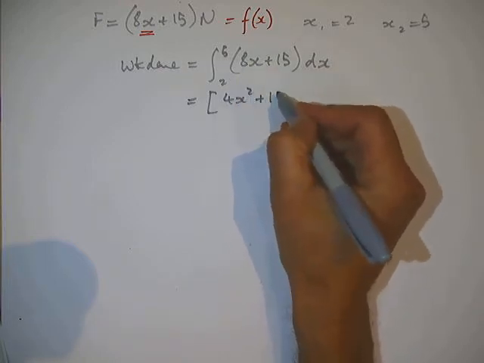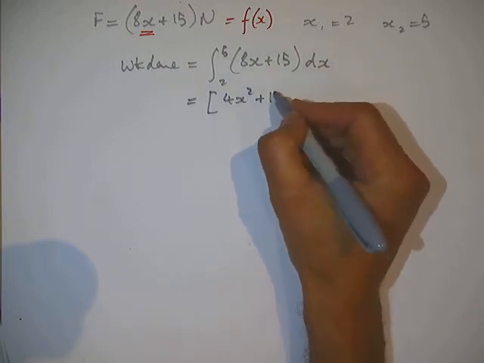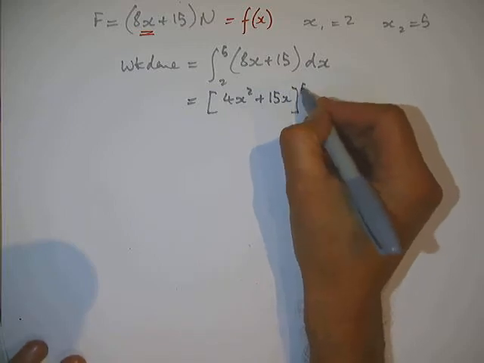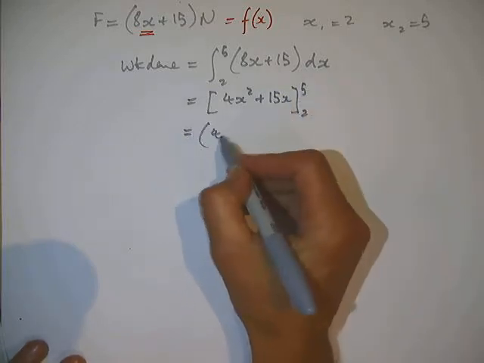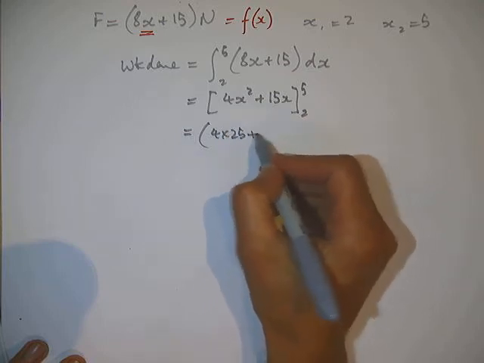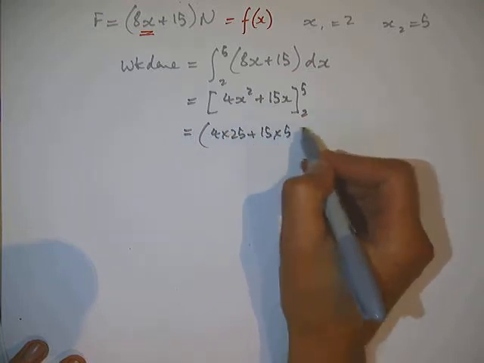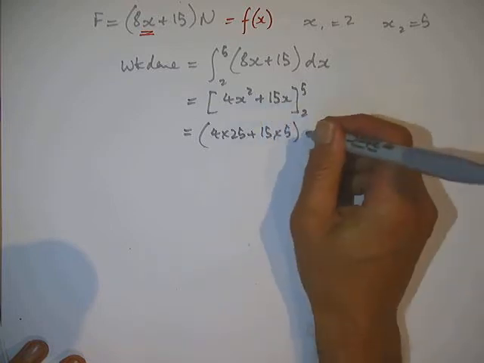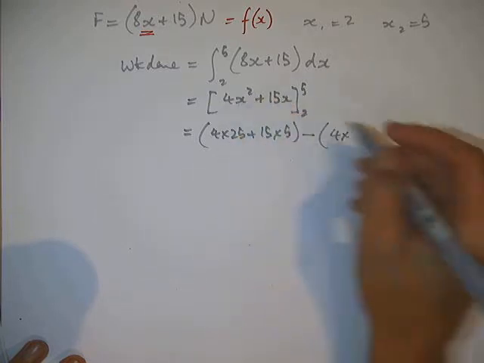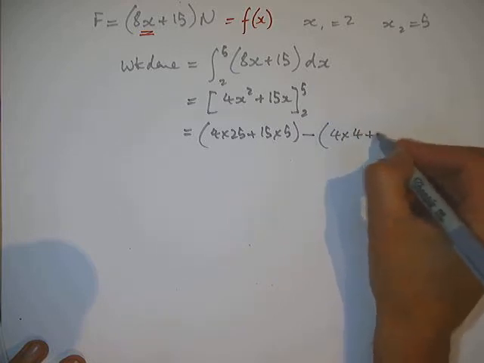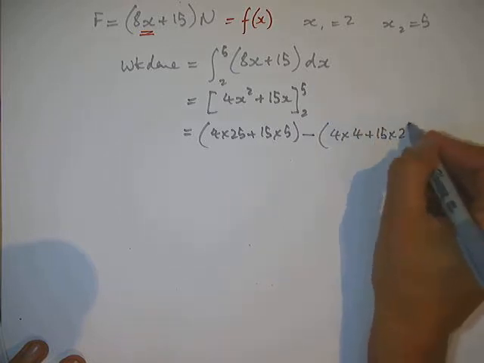4x squared plus 15x between 5 and 2. So that's 4 times 25 and 15 times 5, the 5 put into both of those. Take 4 times 2 squared, so that's 4, plus 15 times 2.